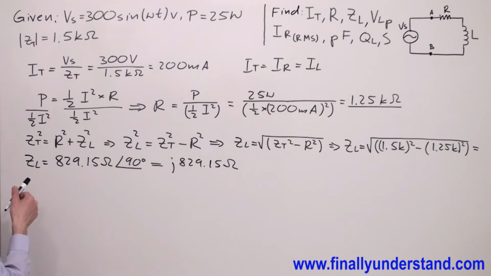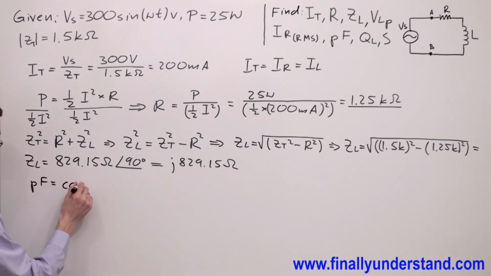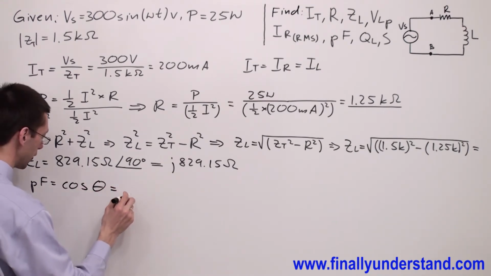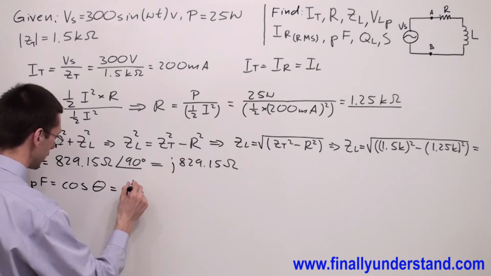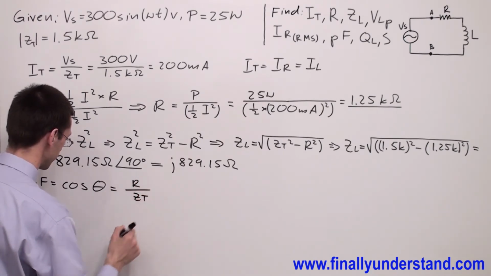Next, we're supposed to find the angle. Okay, we have a formula which says that power factor is equal to cosine of angle theta, and this is also equal to R over Z total.